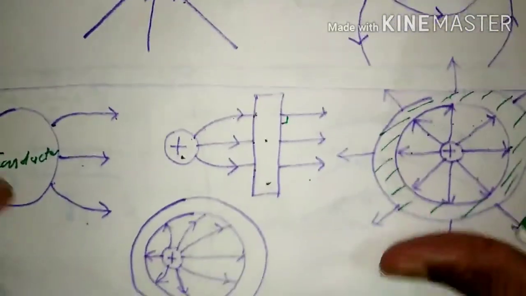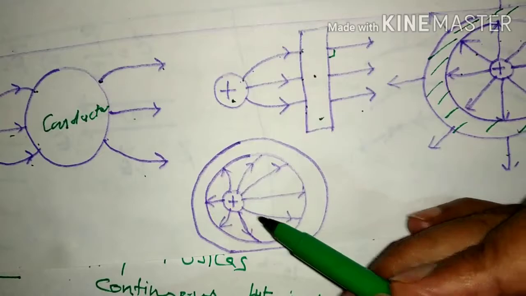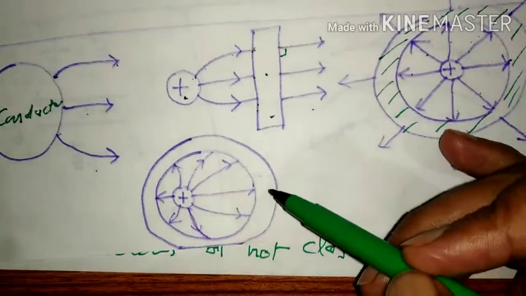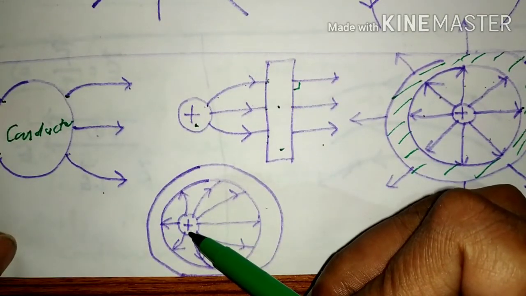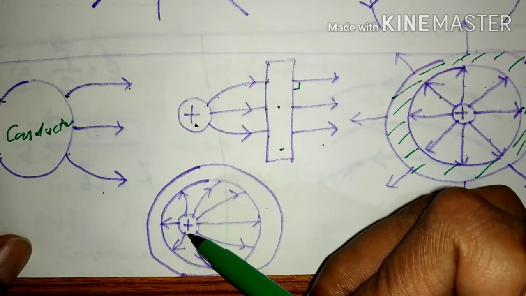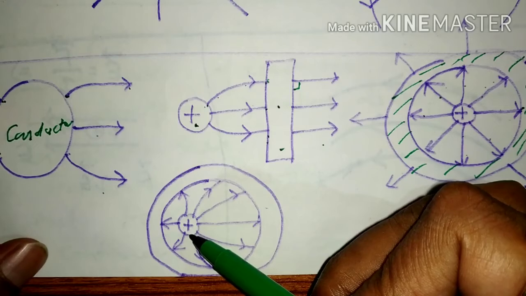Again, there is another sphere, but here the location of the charge is not at the center. This is the metallic sphere. Point charge is kept, but not at the center of the sphere. It is kept nearby the boundary of the sphere, nearby the wall of the sphere.